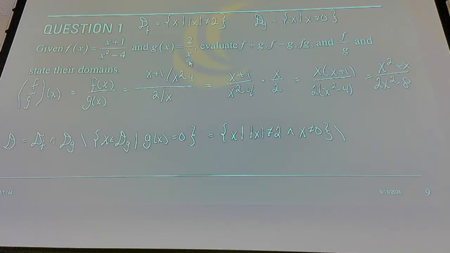Where does g of x equal 0? That's what we're solving for. 2 over x equals 0. Where is 2 over x equals 0?